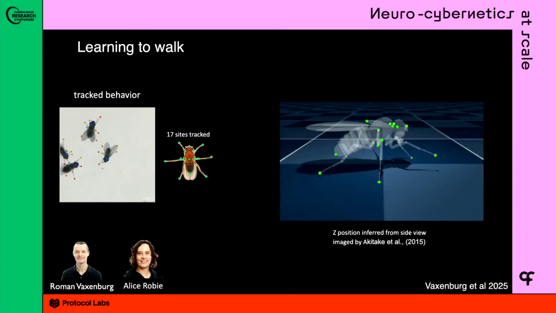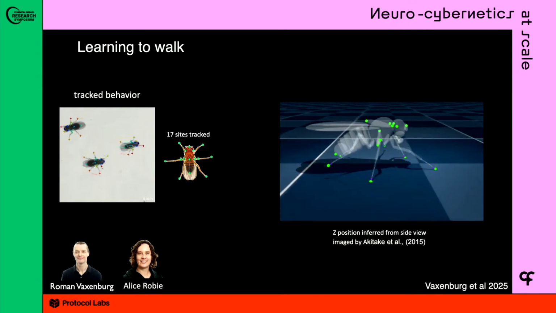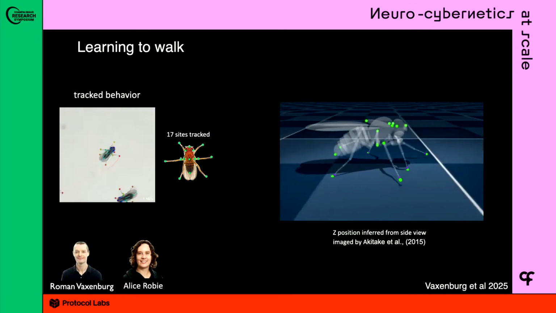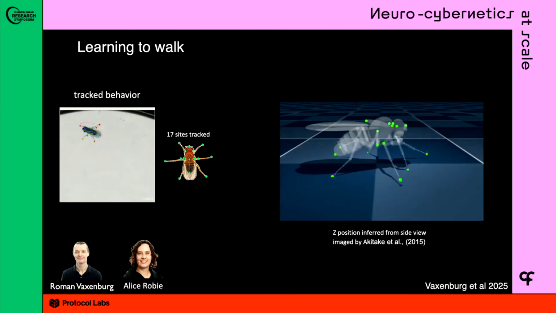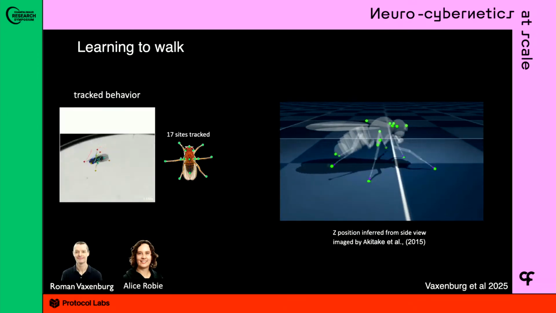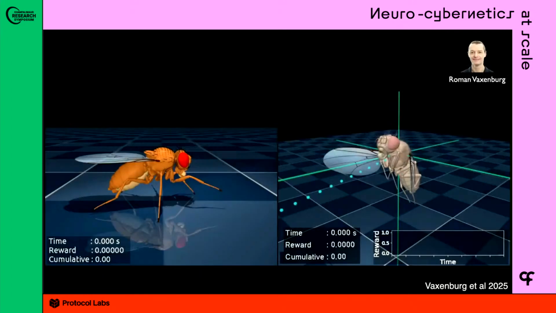What we did instead was work with our colleagues Kristin Branson and Alice Roby, who is very good at recording fly behavior, the way that real flies walk. And then we used that to build a training set of how real flies walk and fly, also using data from Michael Dickinson's lab.